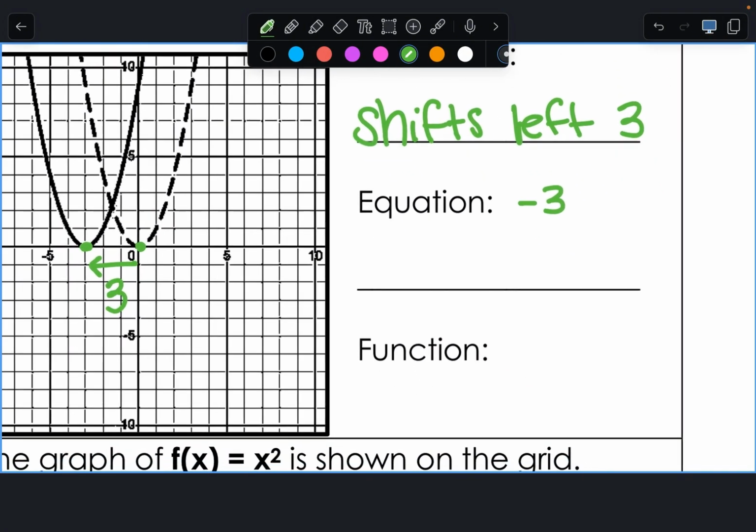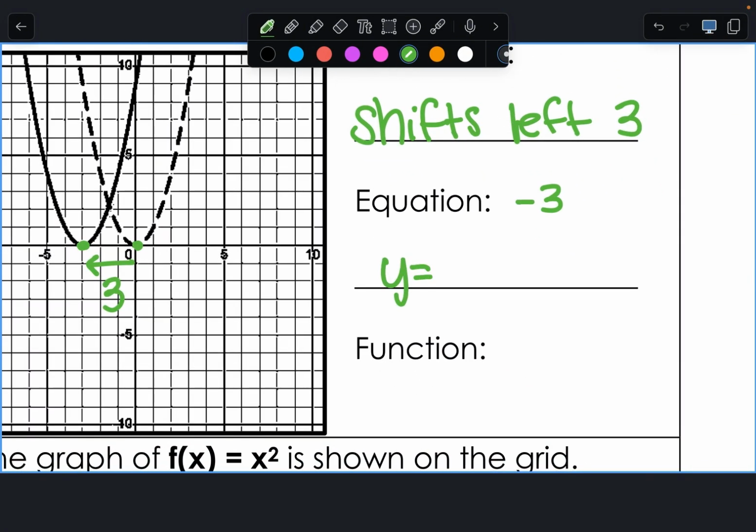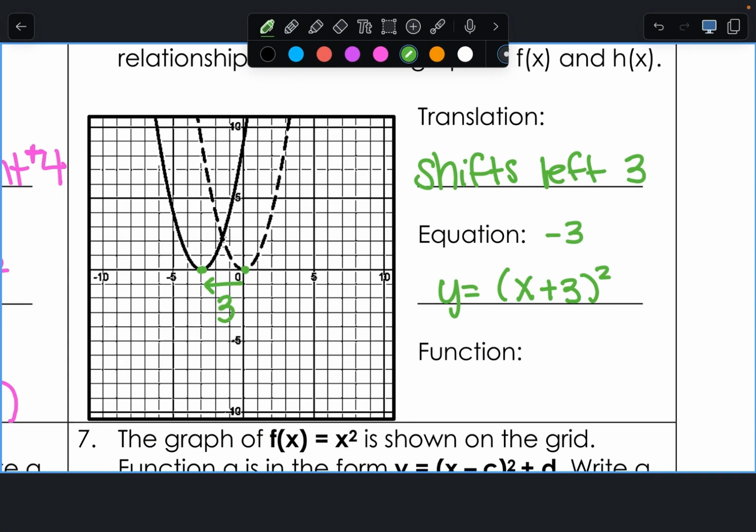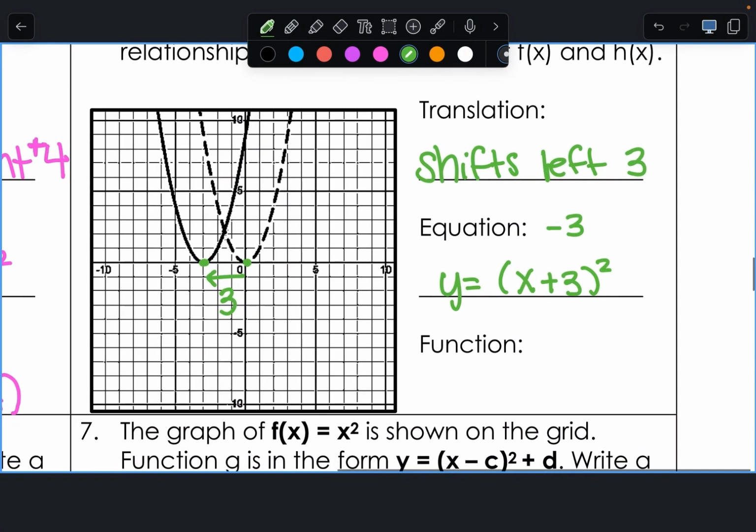So to write the equation, y equals parentheses x what? Plus 3 squared. Now your y equals is going to change to h of x. Get rid of the squared and put a what? F in the front. Why h of x? Because it says h.